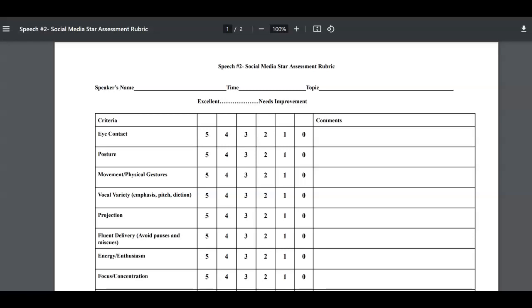But remember from our lecture series that everything you're doing with your body, your face, your gesturing, can send a message. Sometimes that message is not what we intend, like scratching your head, adjusting your clothes, or scratching your body. They can send messages that we don't intend to send.